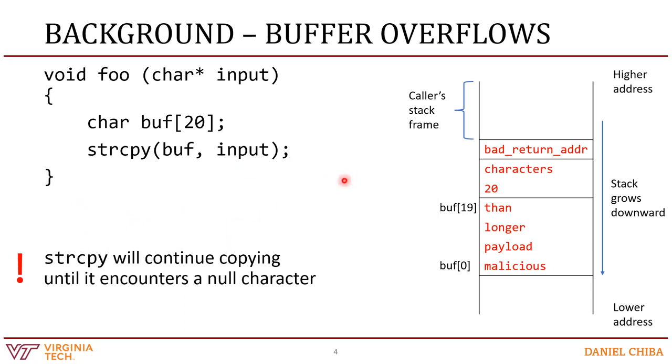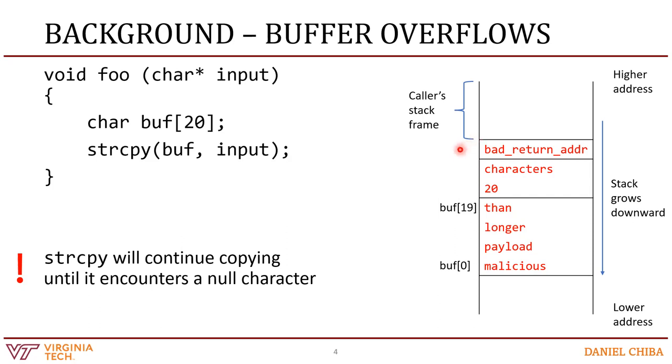So if we don't provide a null character within the first 20 bytes, whatever we pass is just going to keep getting written in beyond the destination buffer, and it'll overwrite the original return address. So now when the function tries to return, it'll return to this return address, and we've effectively hijacked the control flow.